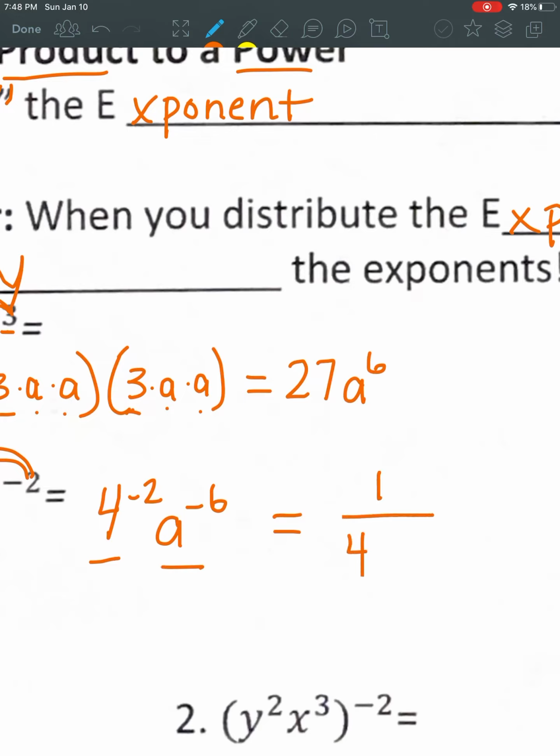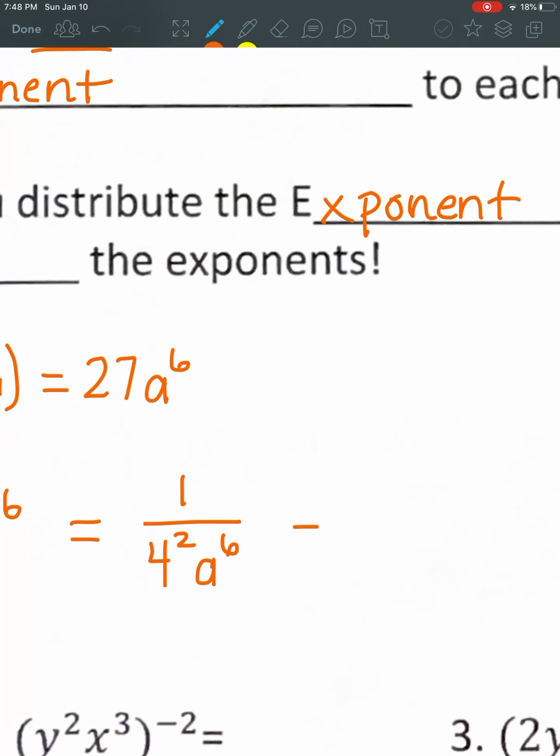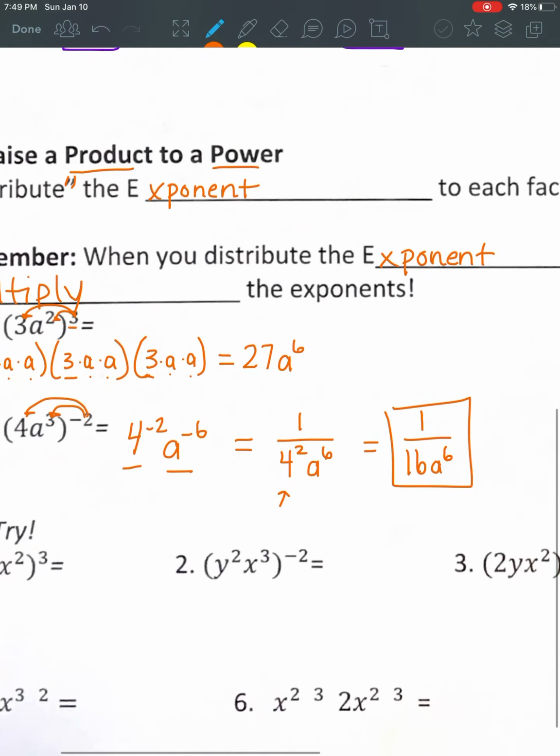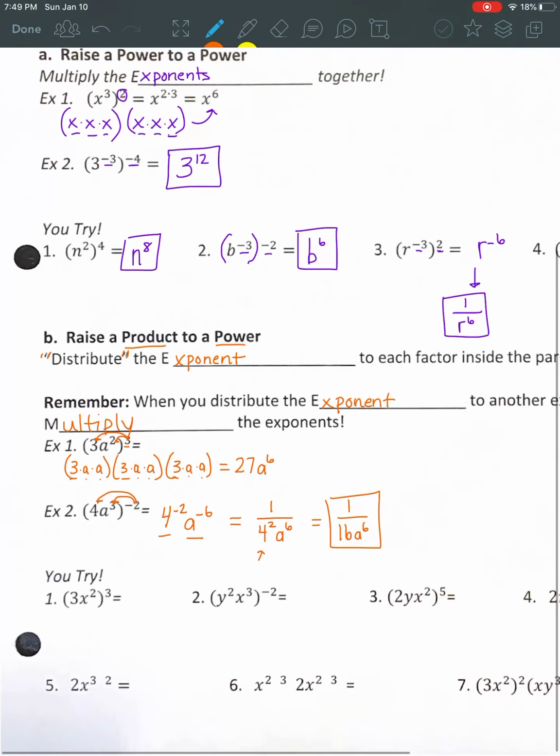So that means we'll have a 1 on top. The 4 gets put on the bottom with a positive power of 2. The a gets put on the bottom with a positive power of 6. Now, I am going to take this one step further because we can simplify 4 squared. So 1 over 16a to the 6th would be our simplified answer.